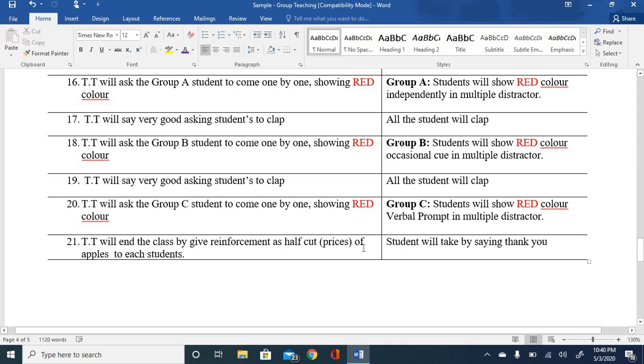As I told you in the beginning, I have not written the generalization.